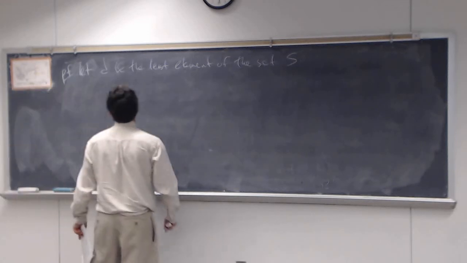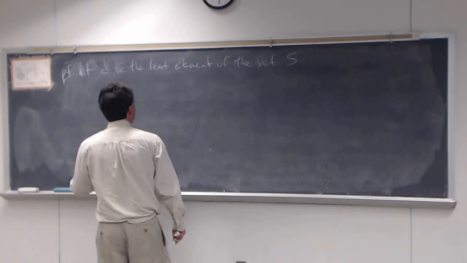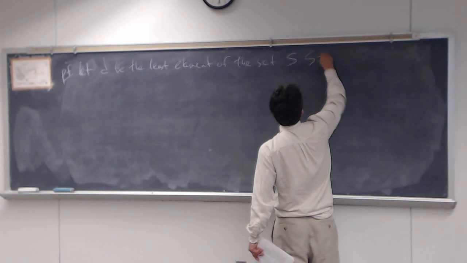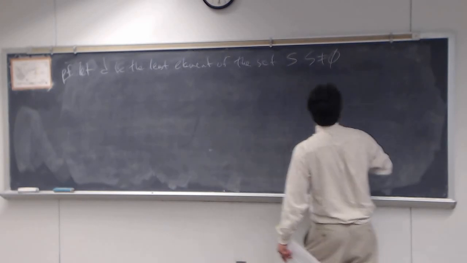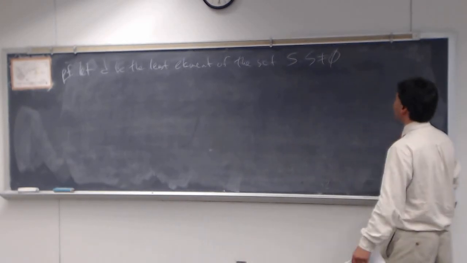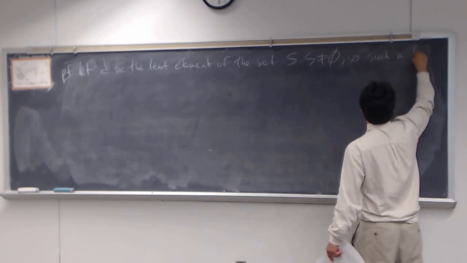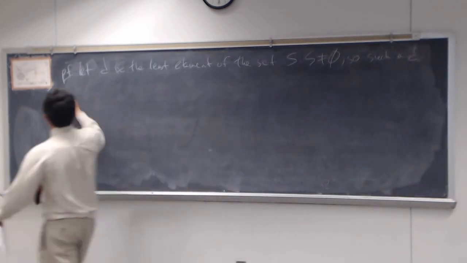That's what we call S. And as we saw above, S is not empty, A times A plus B times B is in it. So such a D exists by the well-ordering principle.